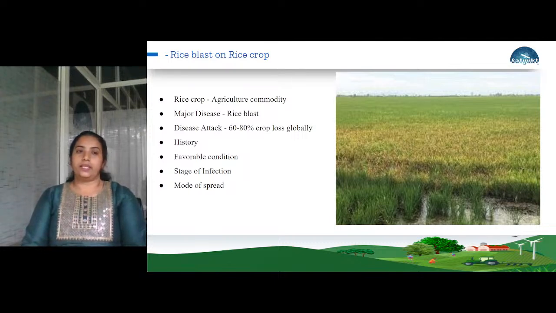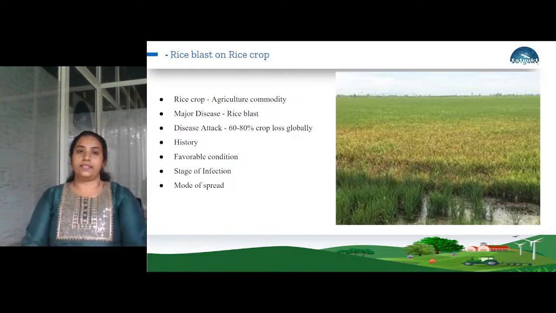In the relative humidity, if the relative humidity is very high, say about 95 to 99%, and there is continuous rainfall and cloudy weather, these are the conditions which are favorable for the disease development.